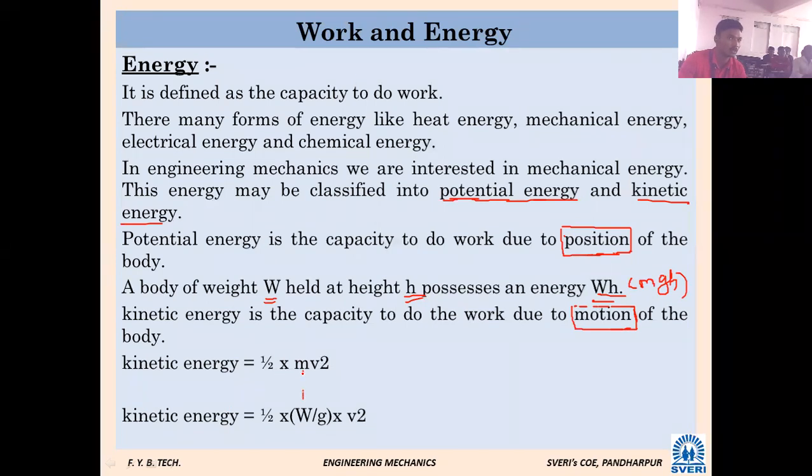And if you convert this, since we can say W is equal to mg, it will be something like this. So this is related to energy. What is energy and what are the different types of energy? That we already know.